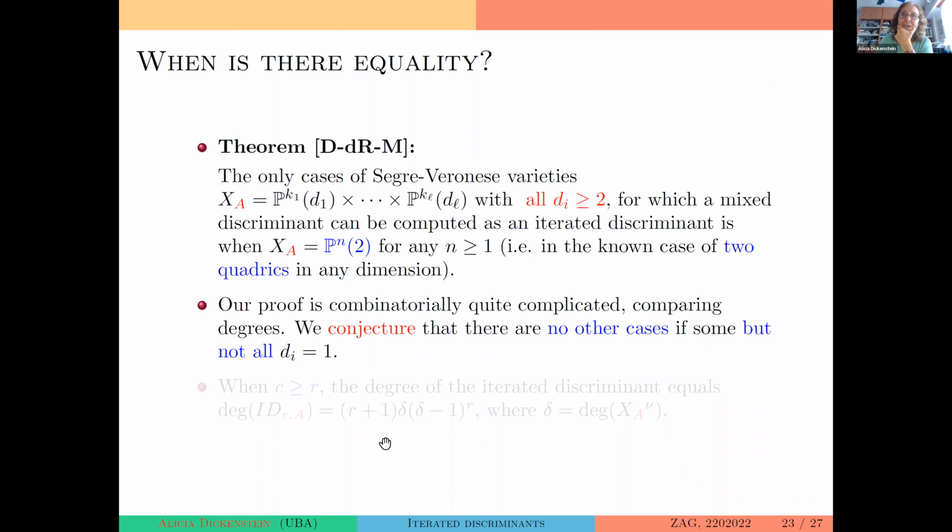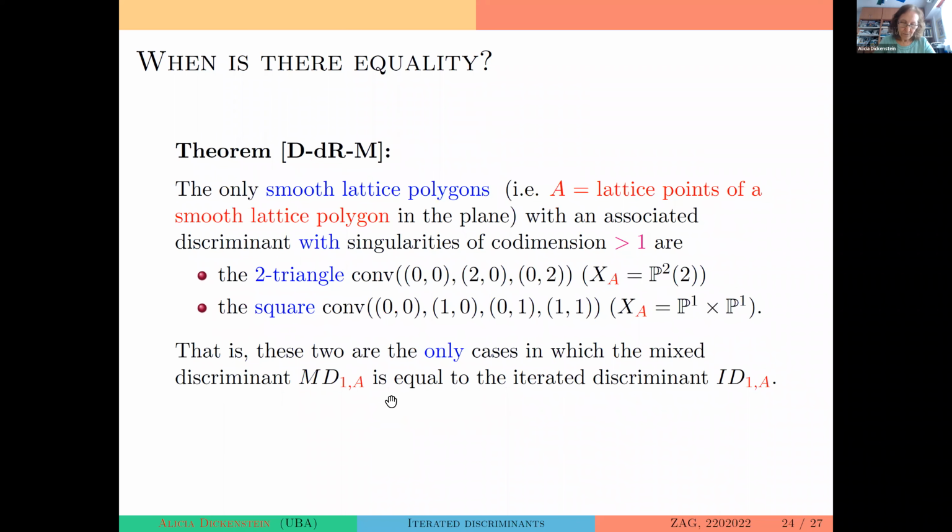Okay, so another case in which we prove that there is equality is when we have a smooth lattice polygon. What's a smooth lattice polygon?